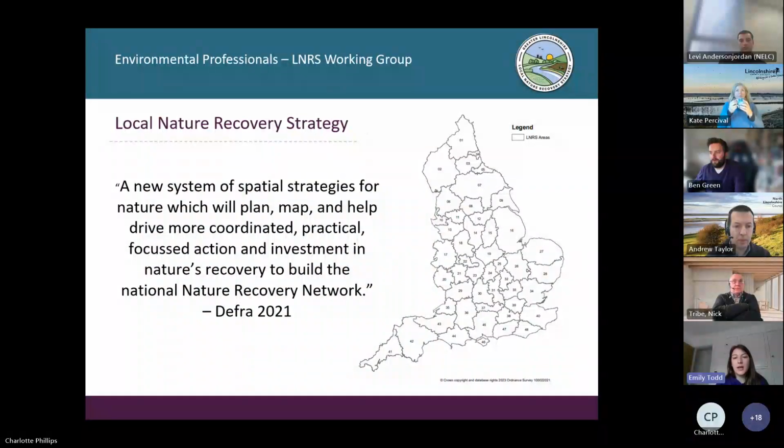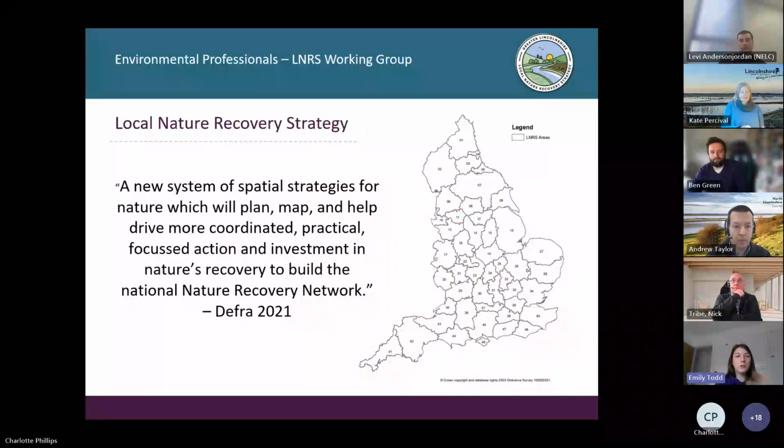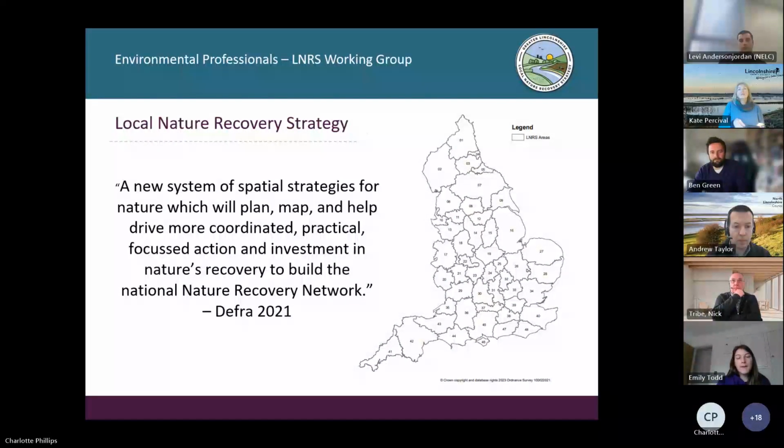So 48 areas across England. These will all contribute to creating the Nature Recovery Network, which came out of the Environment Act. It's a plan to bring together existing priorities in a local context, while being able to fulfil national objectives.